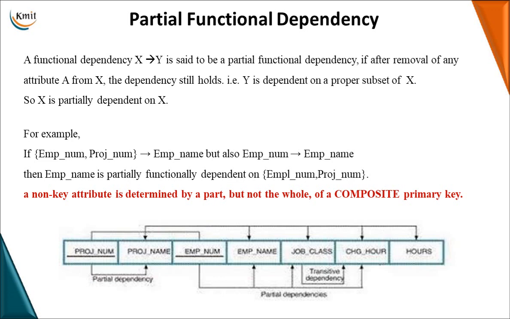Similarly, employee name or job class or charges per hour is dependent only on employee number, whereas hours is dependent on both project number and employee number, which we call fully functionally dependent.